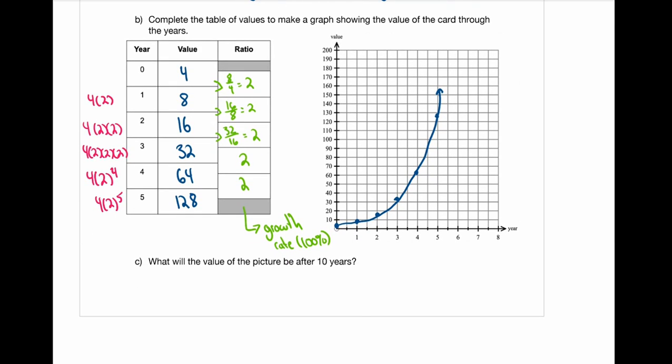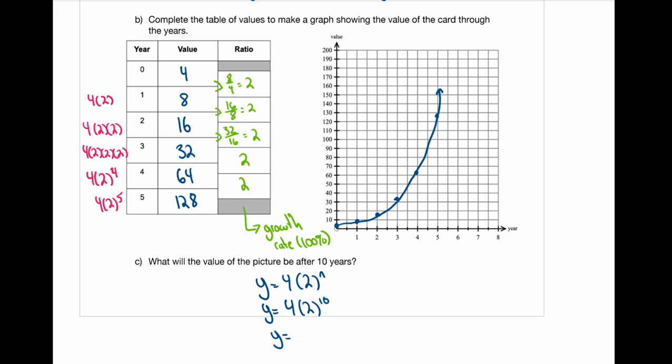Lastly, C, what will the value of the picture be after 10 years? Well, we could continue this table, or we could use the equation y equals 4 times 2 to the power of n. I now know that n is 10 years, so 4 times 2 to the power of 10, or basically it's doubling, or multiplying by 2, 10 times.